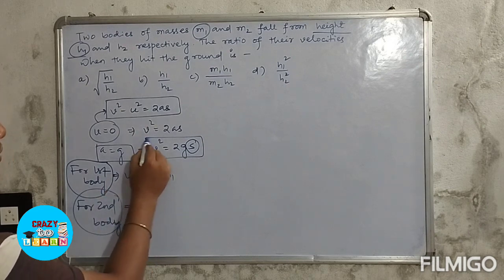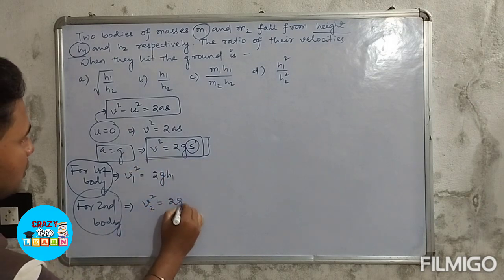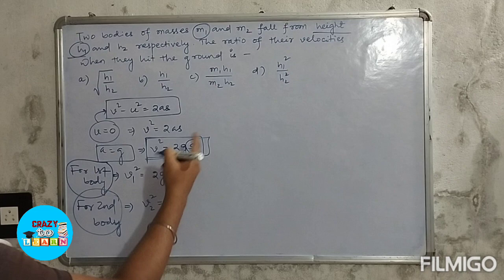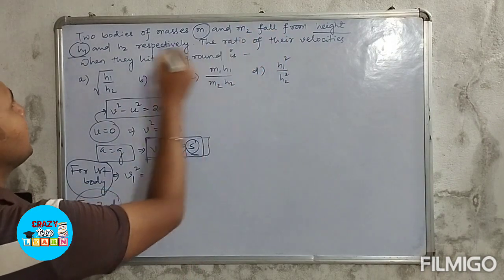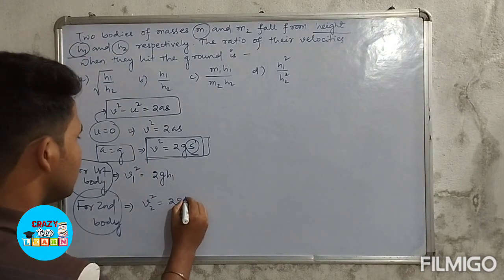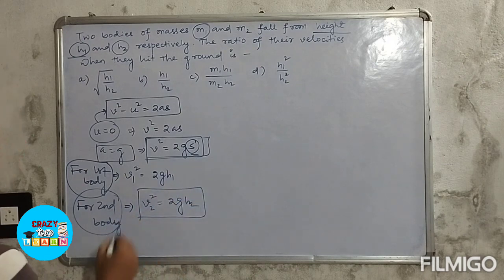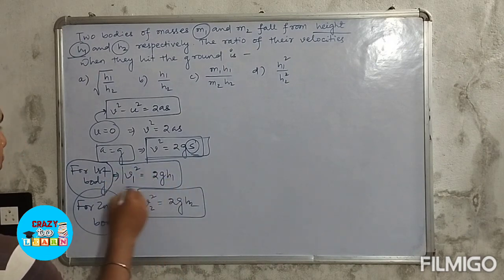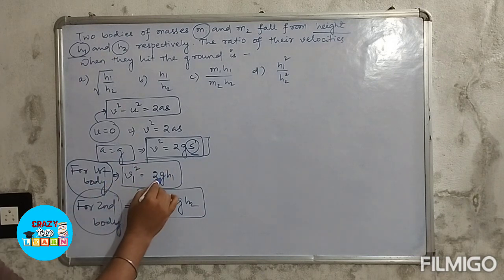If we put it in this formula again, v2 square is equal to 2gs, where s is the displacement for the second object, which is equal to the height h2. So v1 square is equal to 2g h1, and v2 square is equal to 2g h2.